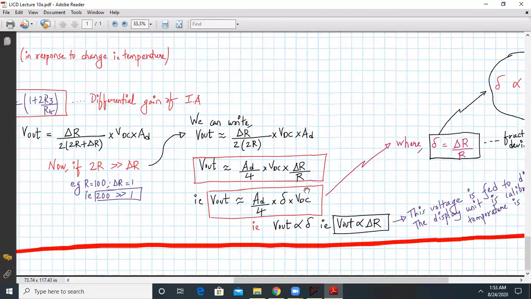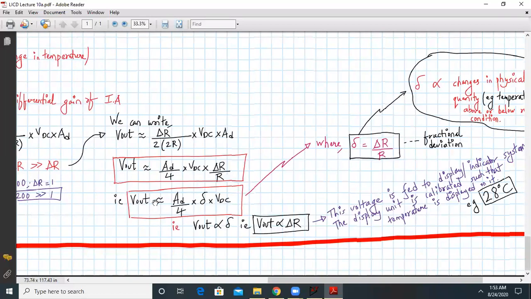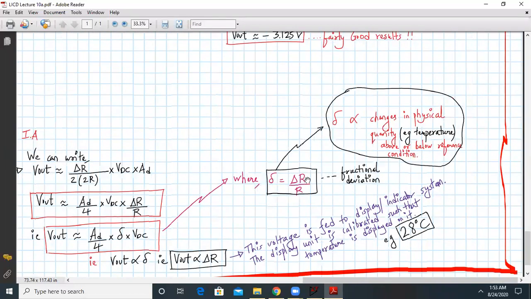Now delta R upon R, we can call it small delta. Earlier this was a capital delta, this is a small delta. So Vout will be approximately equal to AD by 4 into small delta into VDC, where small delta is capital delta R upon R, which is proportional to the changes in the physical quantity, for example temperature, above or below the reference condition.